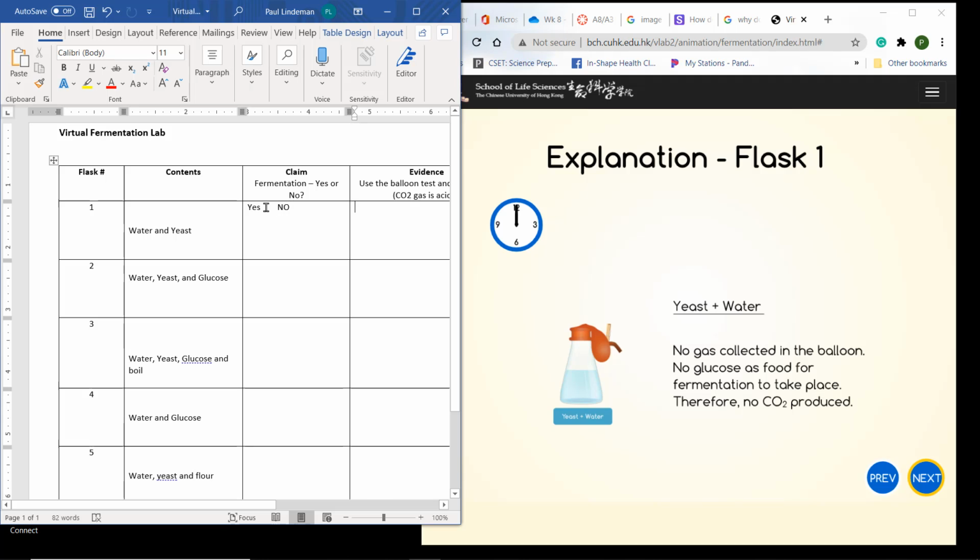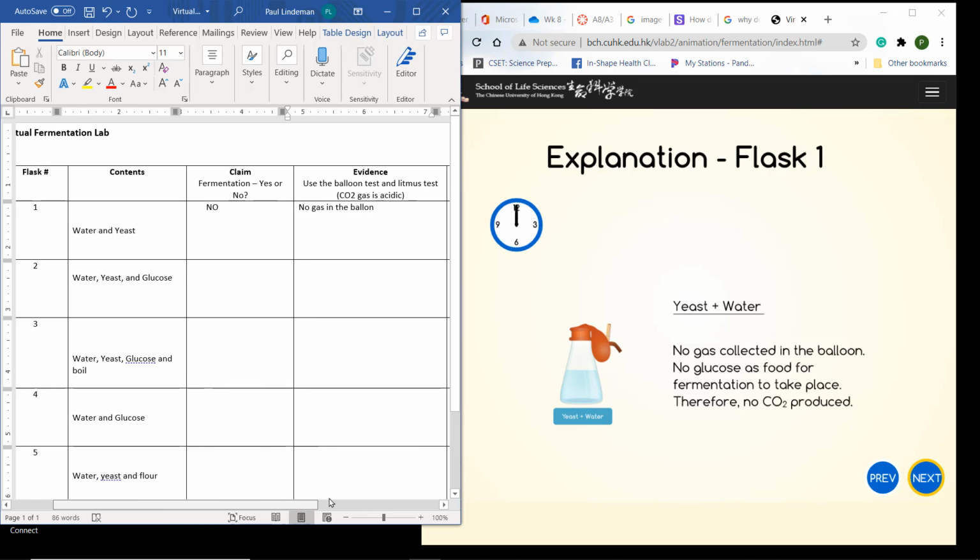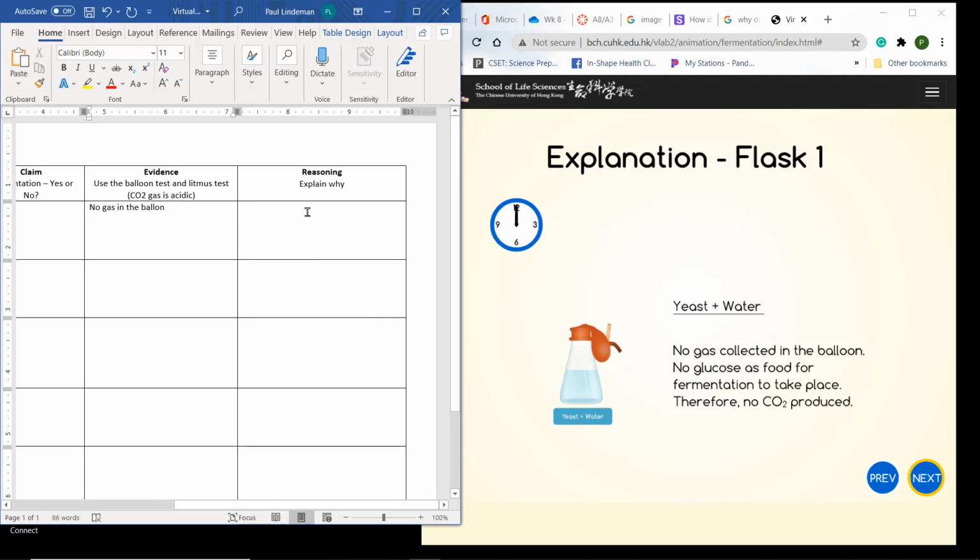So fermentation in this case did not happen because it was a no. And the evidence for that was there was no gas in the balloon. The reasoning to explain why is there is no glucose as food for fermentation, and therefore no gas was produced. So no carbon dioxide gas was produced during fermentation because there's no food.